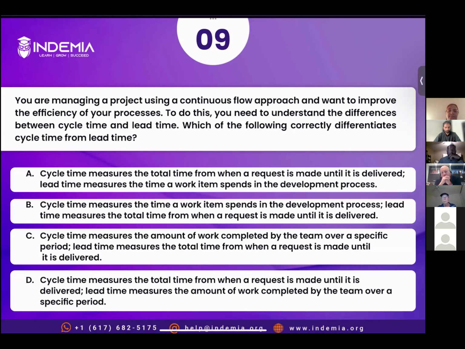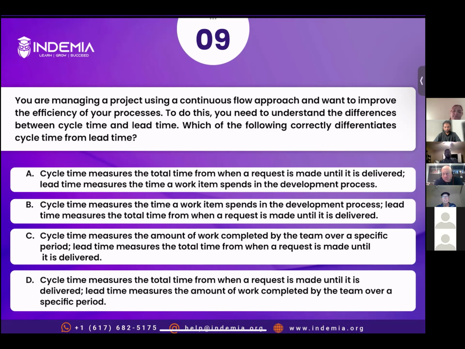So that is cycle time. If there is response time where items are waiting to be included in the first column, then that is the total time, and that's called the lead time. Hopefully my explanation makes sense.